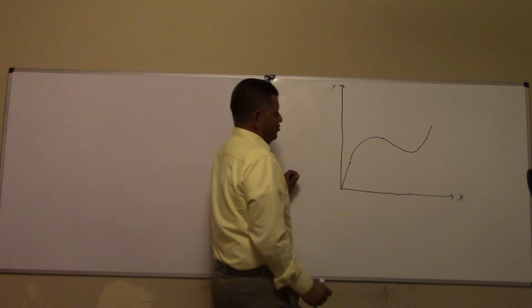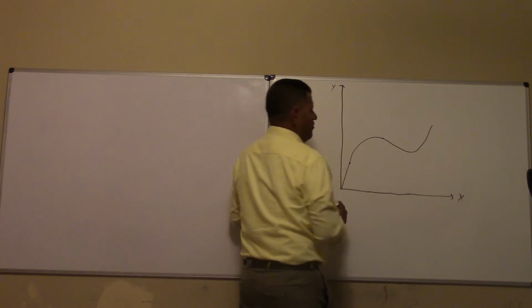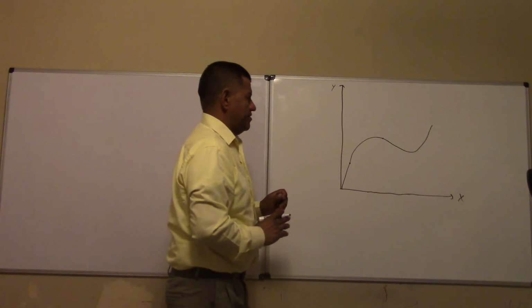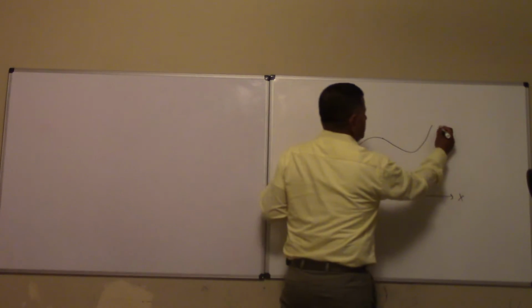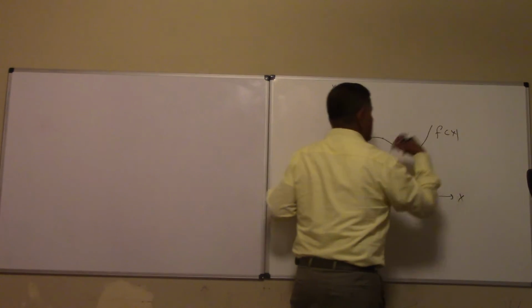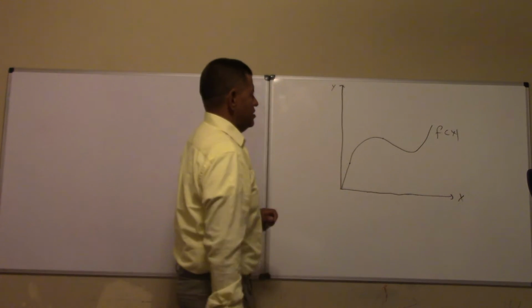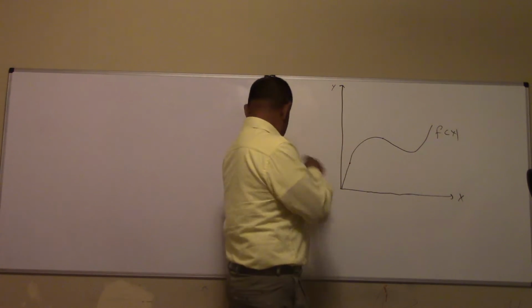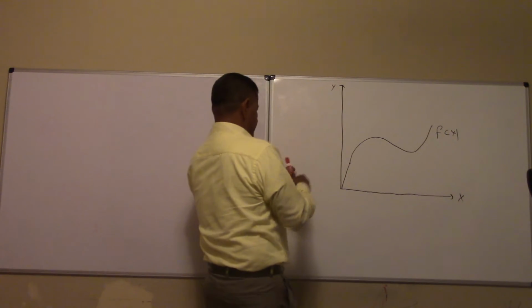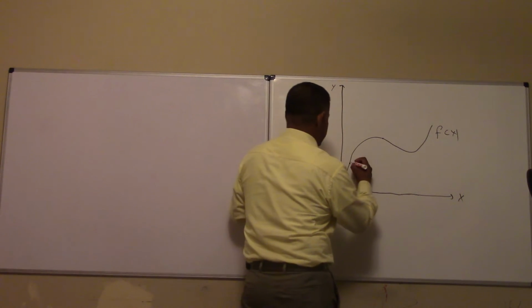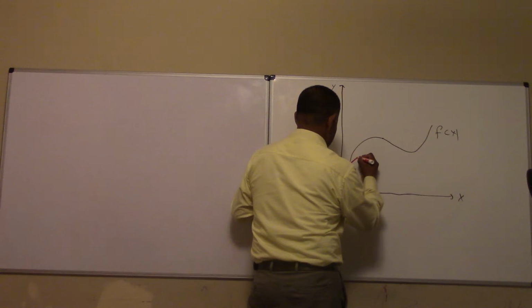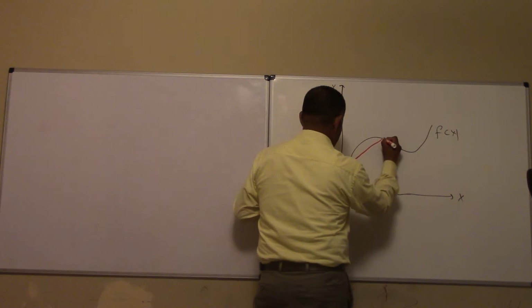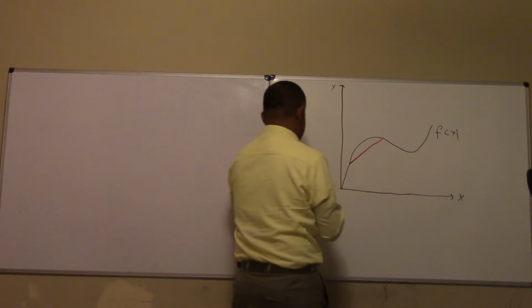So I have 2 points, and I have what is called a secant line. This is the function f of x, and I have a line that crosses these 2 points, something like that.